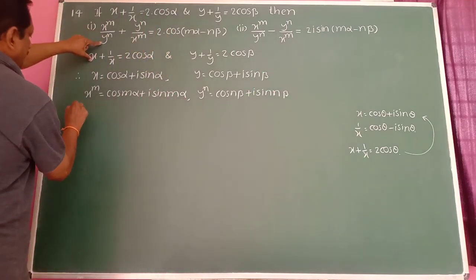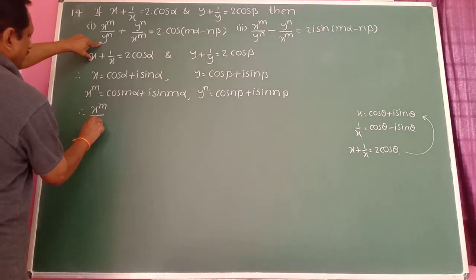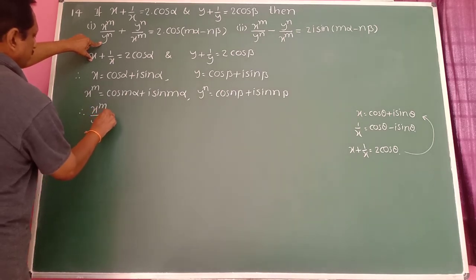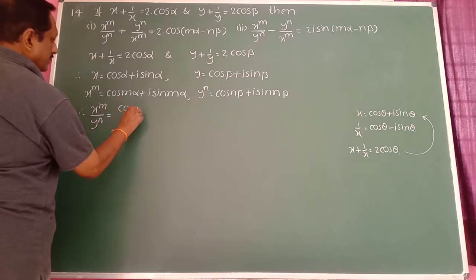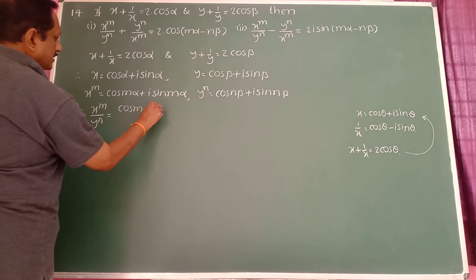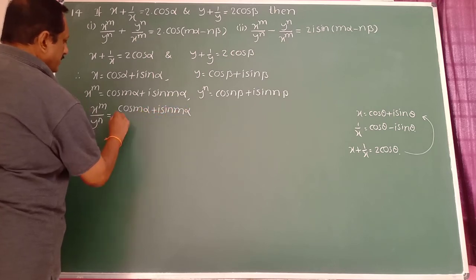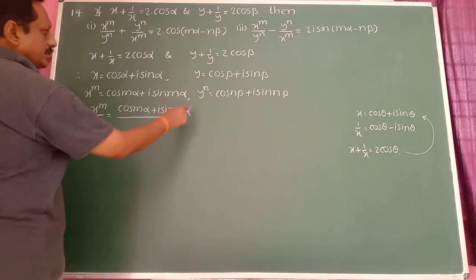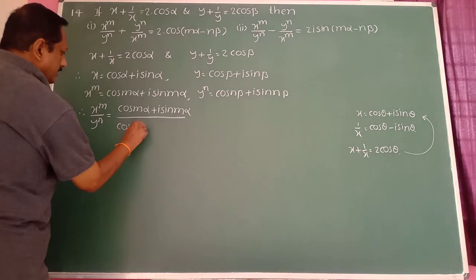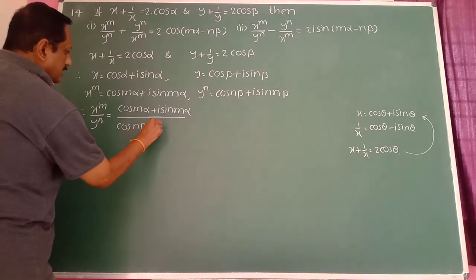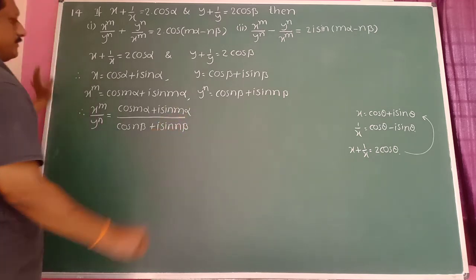Therefore, x raised to m divided by y raised to n is equal to cos m alpha plus i sin m alpha divided by cos n beta plus i sin n beta.